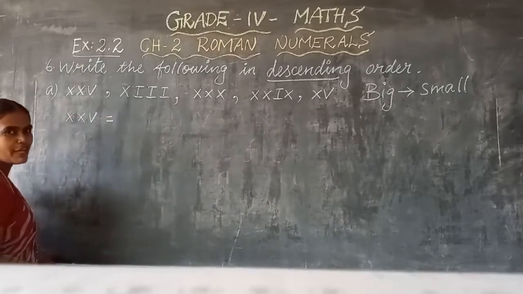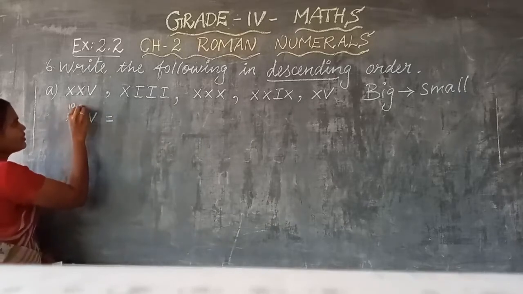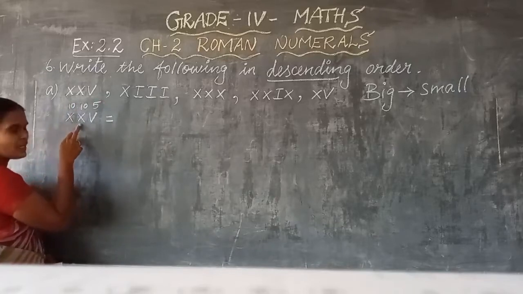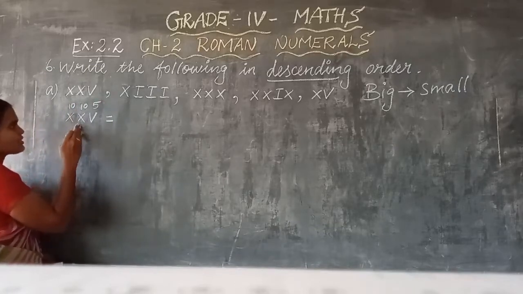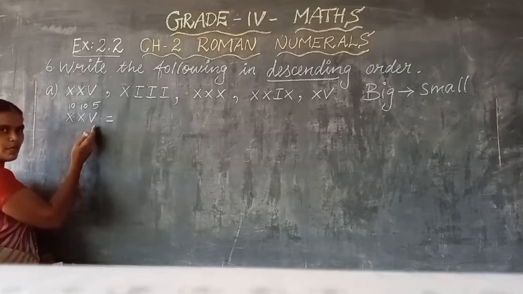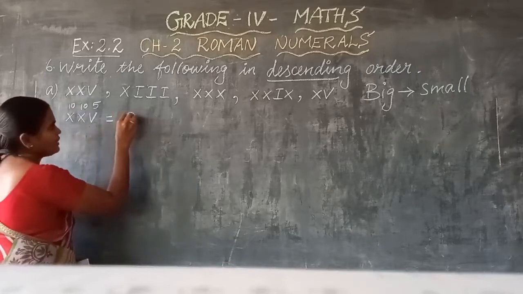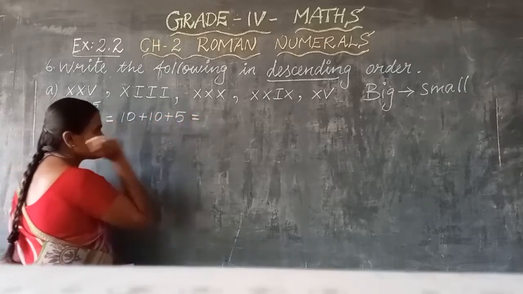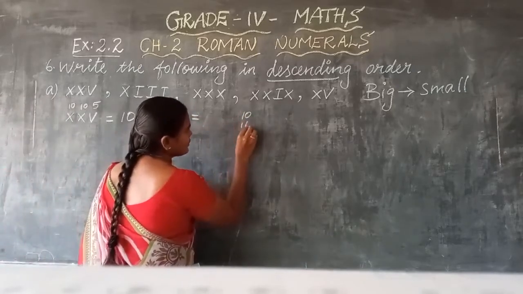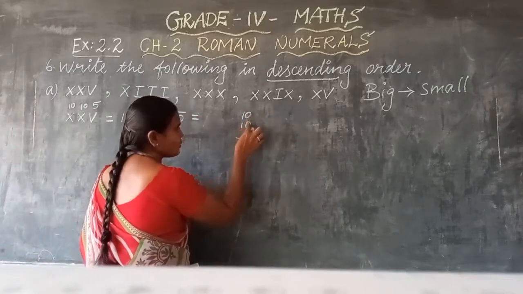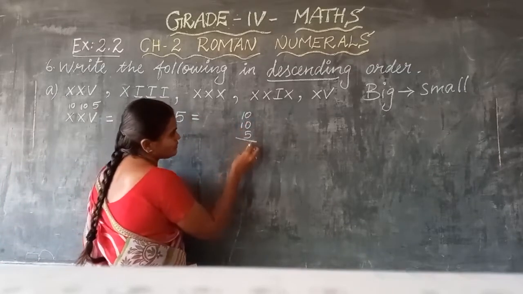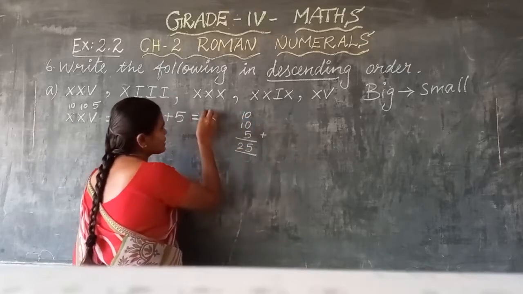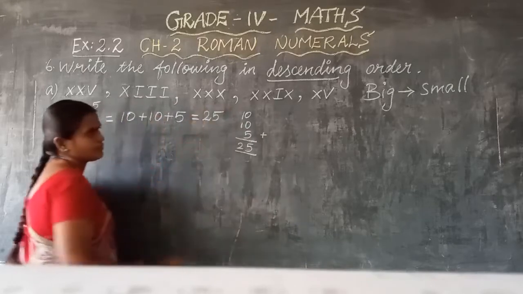What is the value of X? 10. Value of V? 5. So repeated means addition. So greatest number, right side we have the small number means addition. So 10 plus 10 plus 5. So write 10, 10, 5. 0 plus 0, 0. 0 plus 5, 5. 1 plus 1, 2. So we get the answer 25.